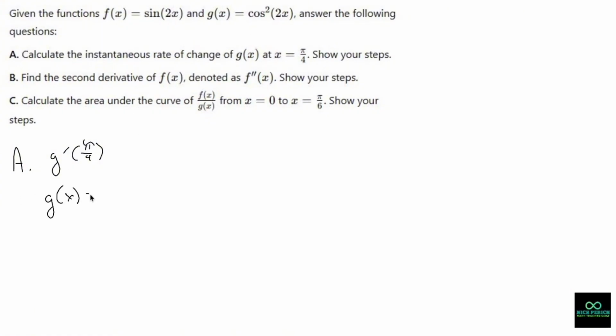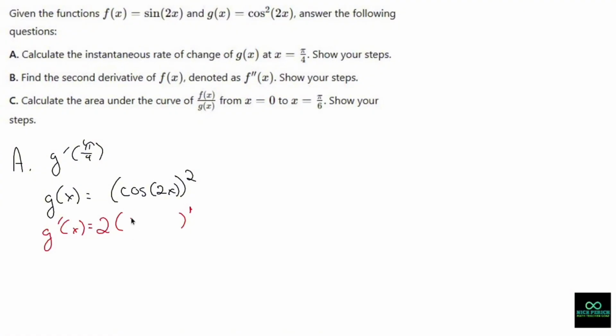I'm going to rewrite it like this because it helps me understand it better, because I'm going to be applying chain rule to this guy. So we have cos 2x squared. Now chain rule says that we take the derivative of the outside, which means we drop the 2 in front, right? Make that an invisible 1, which we'll clean up in a bit. Obviously, we have got a lot going on here.